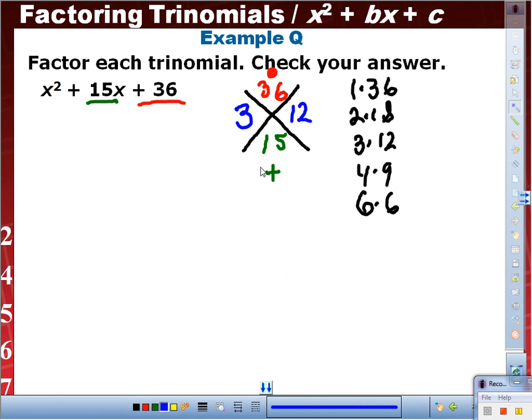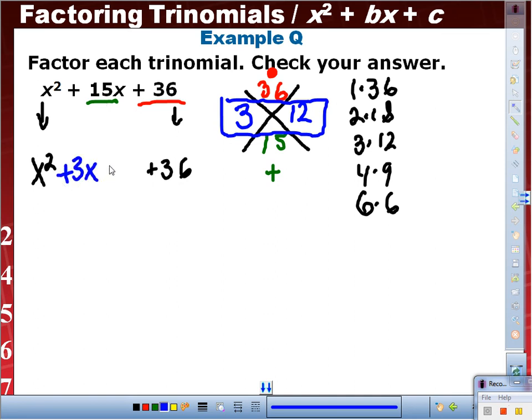Here we go. I'm going to rewrite this trinomial by bringing down the first term, the last term. However, this one became now this. So instead of writing 15x, what am I going to write? 3x plus 12x.